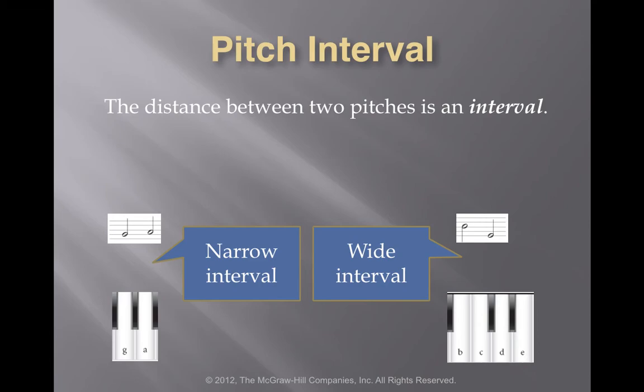The space between pitches is described as an interval, which can be seen on a piano or on the music staff itself. Whenever pitches are closer together, we call that having a narrow or small interval. When pitches are further apart, we call that having a wide interval or a larger interval.